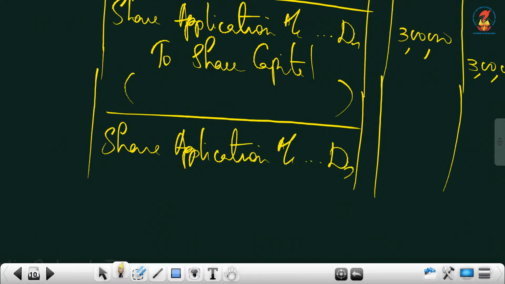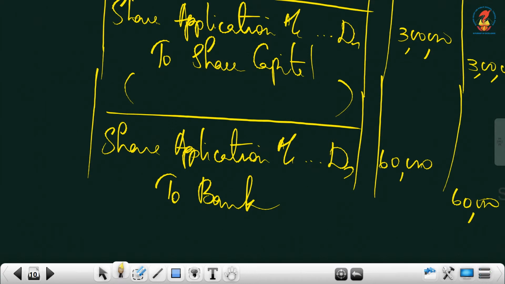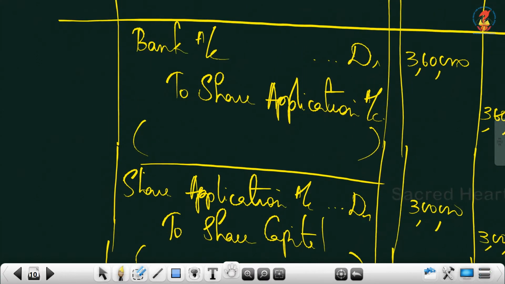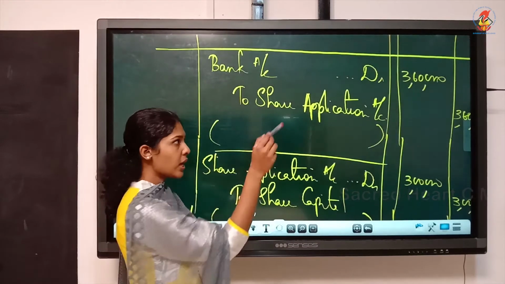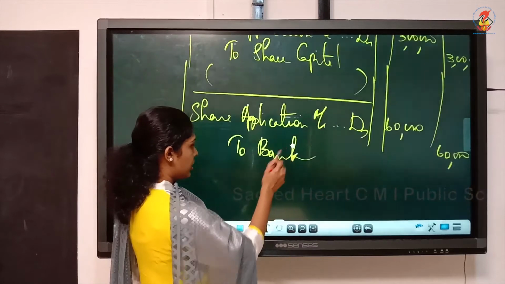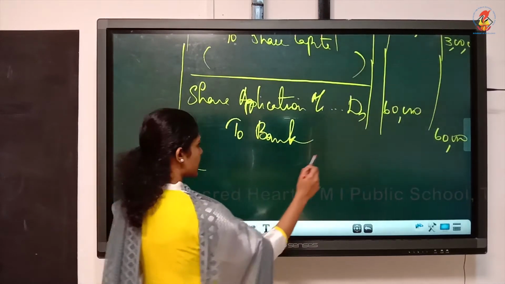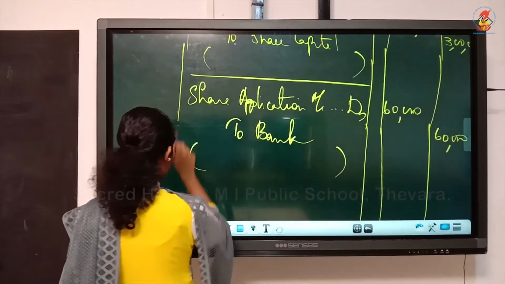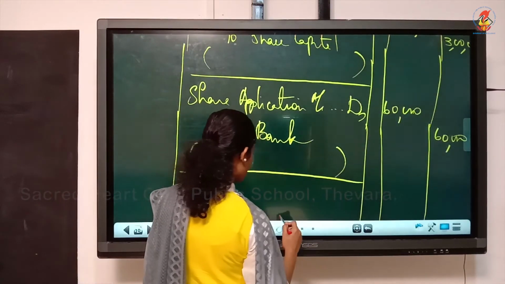From the working note, you take the figure again. What's the amount? Rupees 60,000. So this is how you have to write the first 3 entries when there is oversubscription. Understood? Just look into your working note and fill those 3 amounts here. Then the narration is rejection and refund of 20,000 shares.